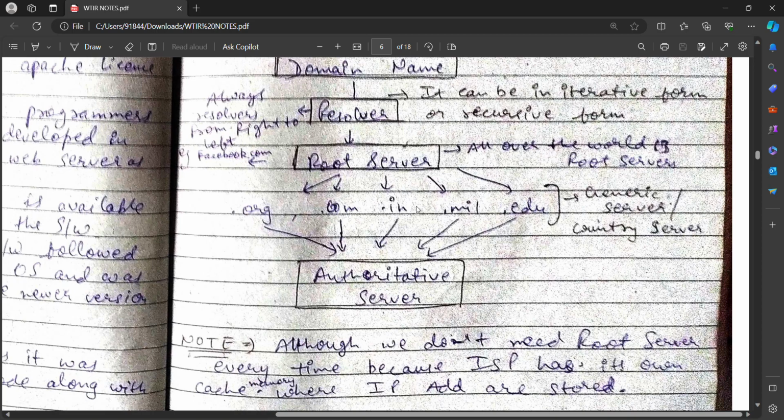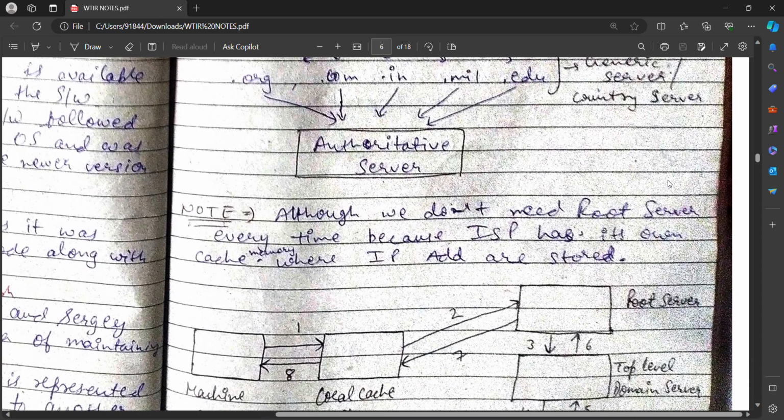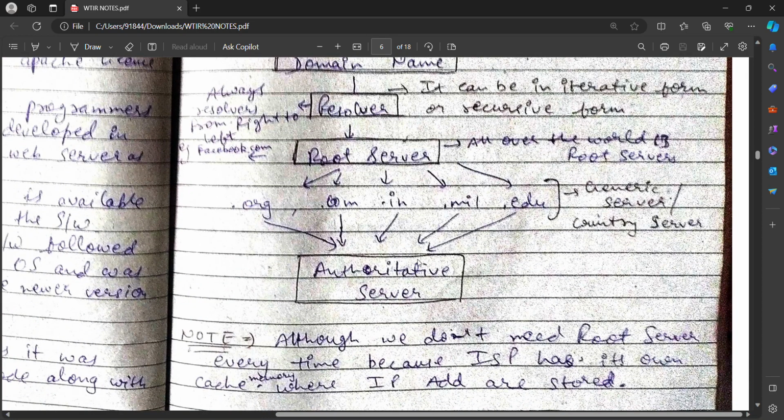Like .in is for India, .com for commercial, .org is basically for organization, .edu for education, and all that. .mil is related to military. So in an example like facebook.com, this .com is basically the root server, and these are some facts, like 13 root servers are there all over the world. Okay, after that, the authoritative server.